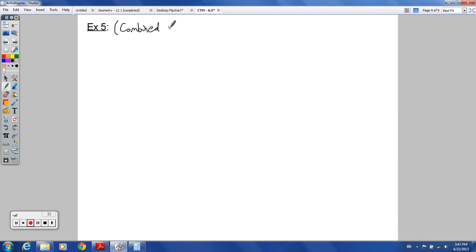So this last one is going to show us some combined variations. Let's say that this is the case. Suppose A varies jointly as B and C.